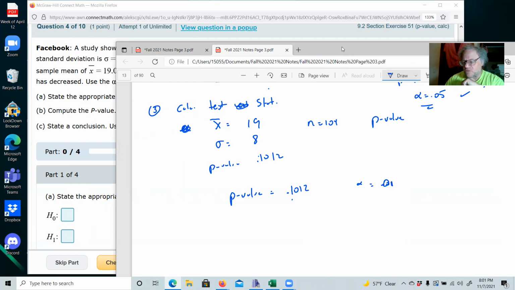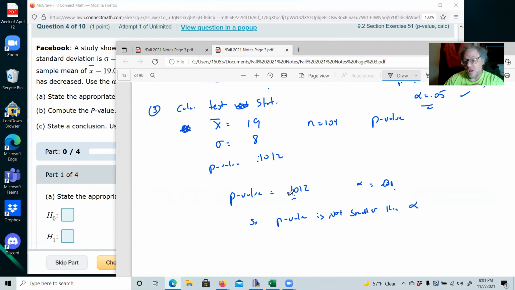Is the p-value bigger or smaller than alpha? You have a dime versus a penny. I'd rather have the dime, so this is a bigger number. So the p-value is not smaller than alpha. We set a standard of 0.01 for the probability that it happened by random chance.